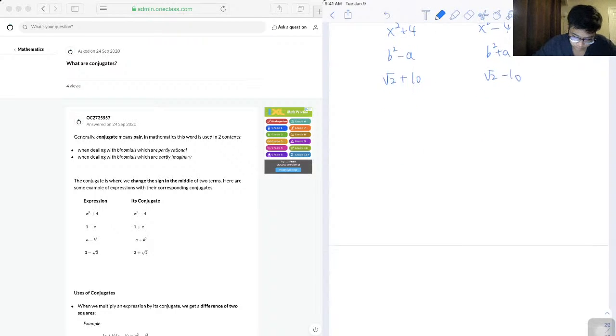And let's say we take the conjugate of x plus 2 and x minus 2, and we multiply them together.